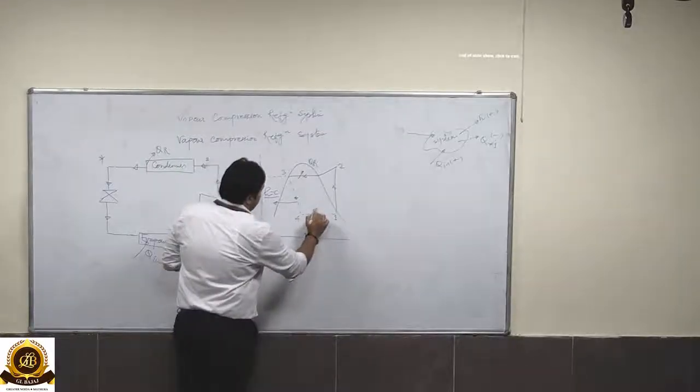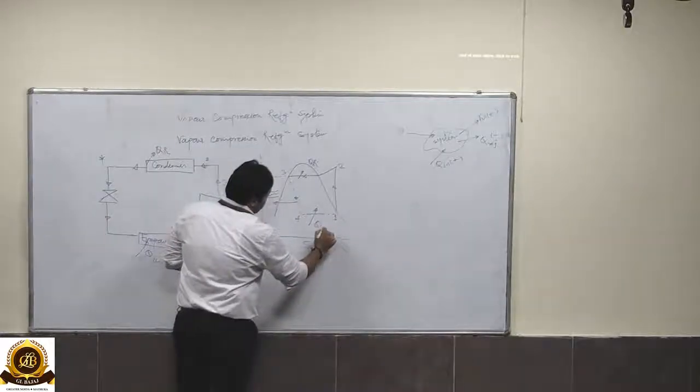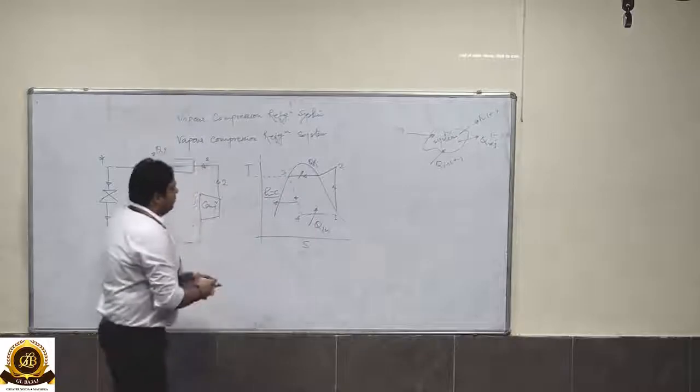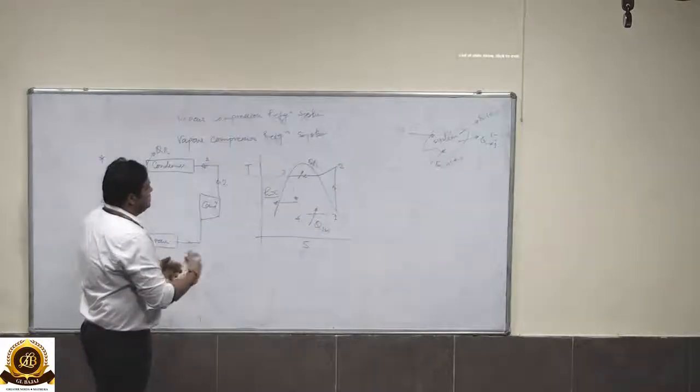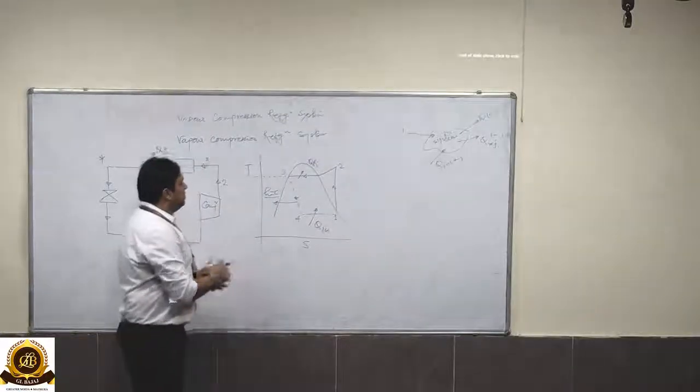And again, the process 4 to 1, which takes place in the evaporator, is where heat from the confined space is consumed for evaporation of the refrigerant, and refrigeration effect is produced.